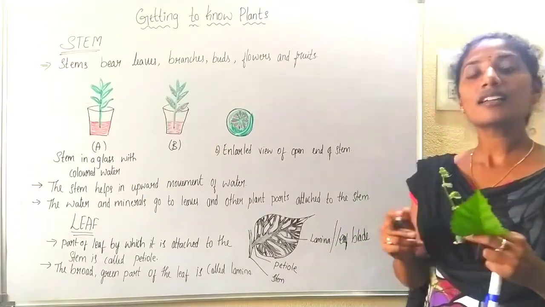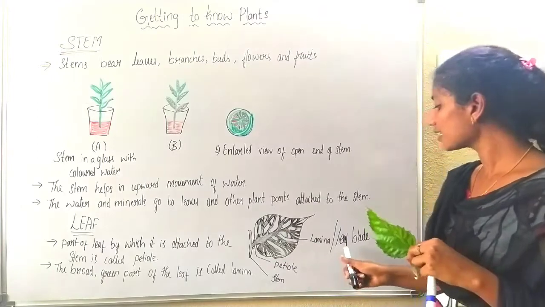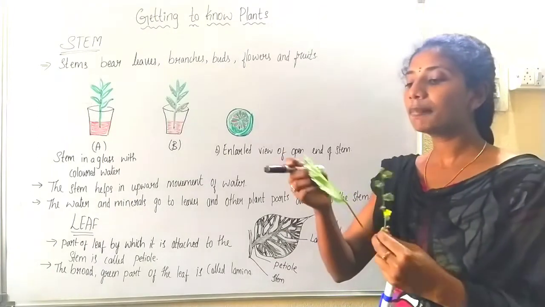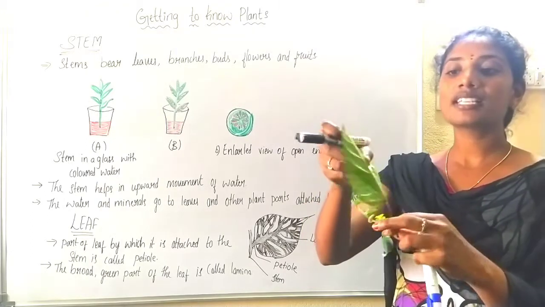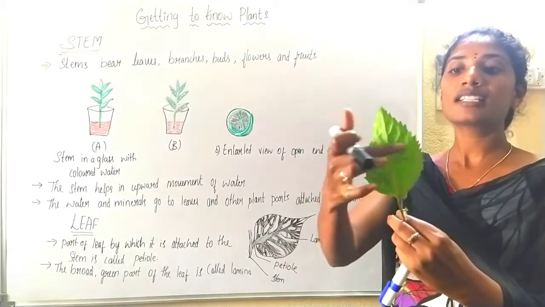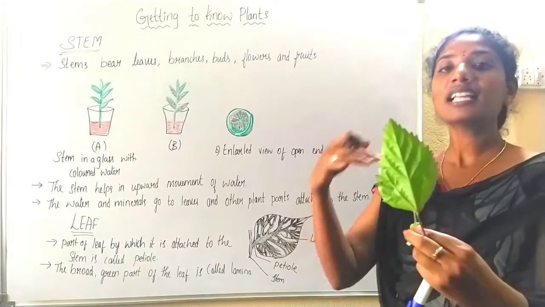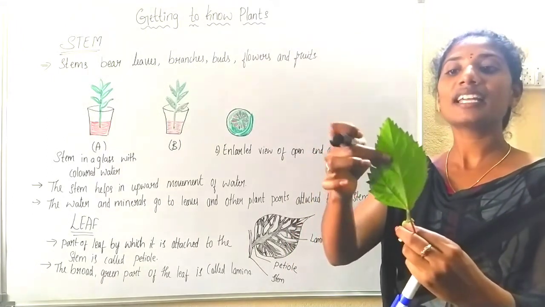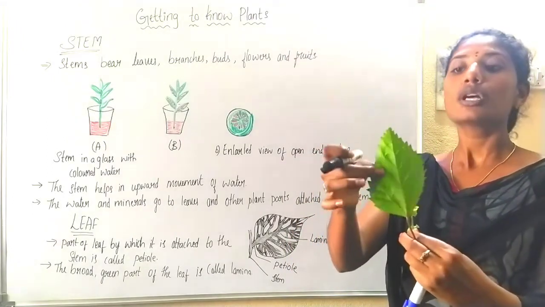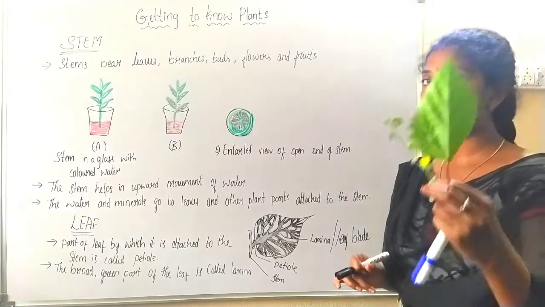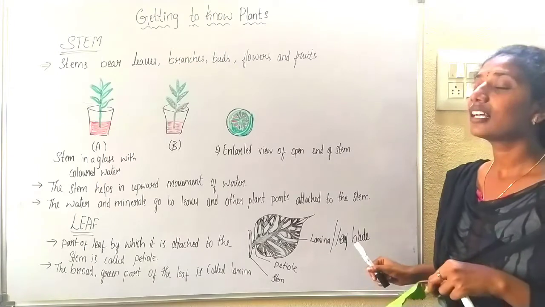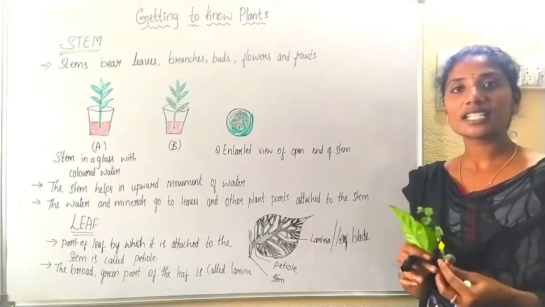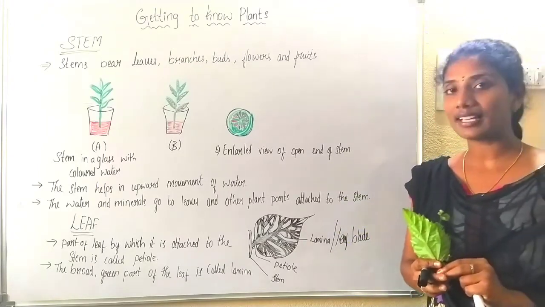Leaf blade means, see here, apart from the lines, you can see a number of lines, leaving those lines, you can see the green colored part that is present. This green colored part present in the leaf we call the lamina, or it is also called the leaf blade.